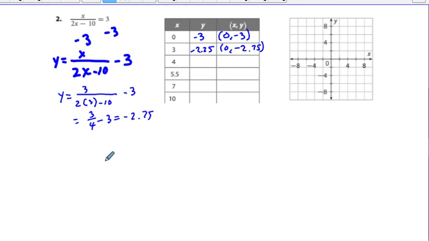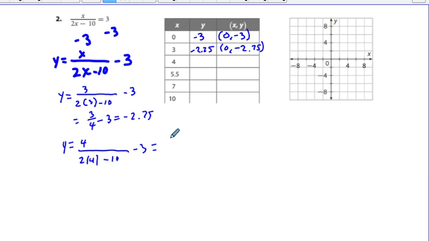And if we plug in 4, 2 times 4 minus 10 minus 3, I'm just going to work to the right.